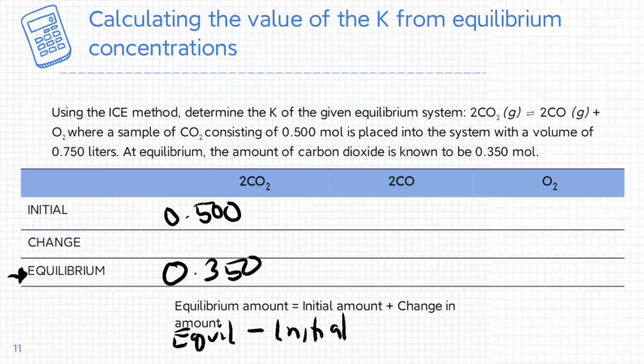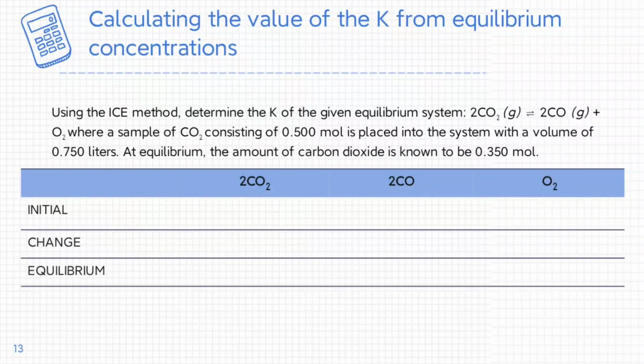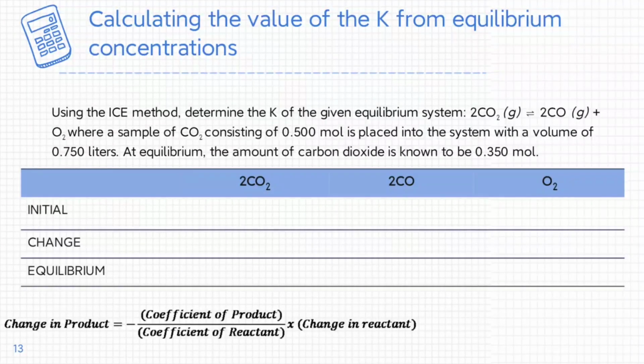So, equilibrium amount minus the initial amount, you will have your change. Okay? So, 0.350 subtracted by 0.500, you will get a negative 0.150. Okay? Now, next. So, you have 0.500, negative 0.150, 0.350.